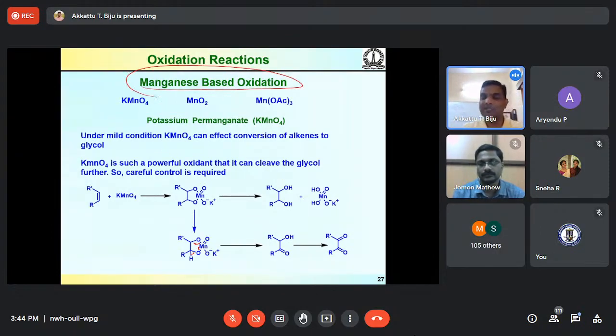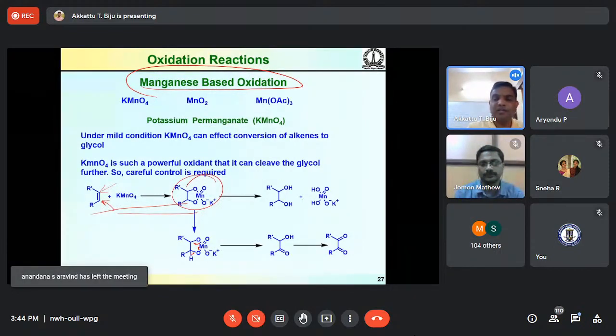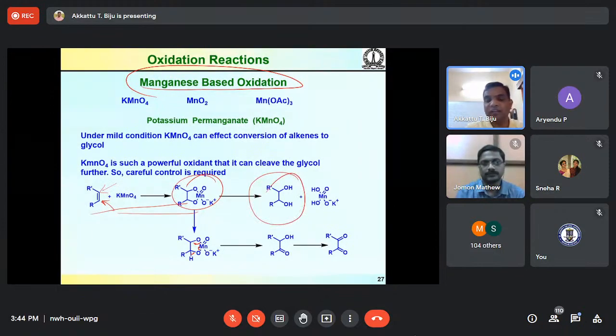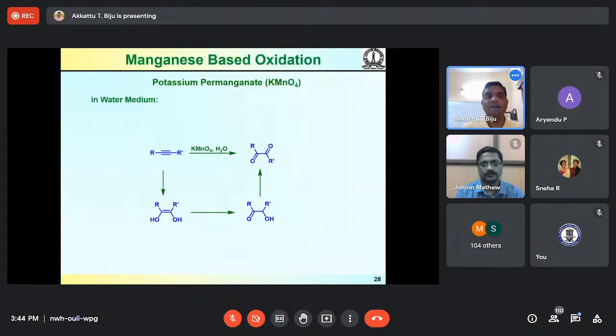I will not spend much time on this manganese oxidation reaction because these are all known to you. I'm sure KMnO4 can do a cis hydroxylation reaction, leading to the formation of a cis diol, and the cis diol again can probably under the reaction condition get oxidized to the dicarbonyl compound, and this is something very well known.